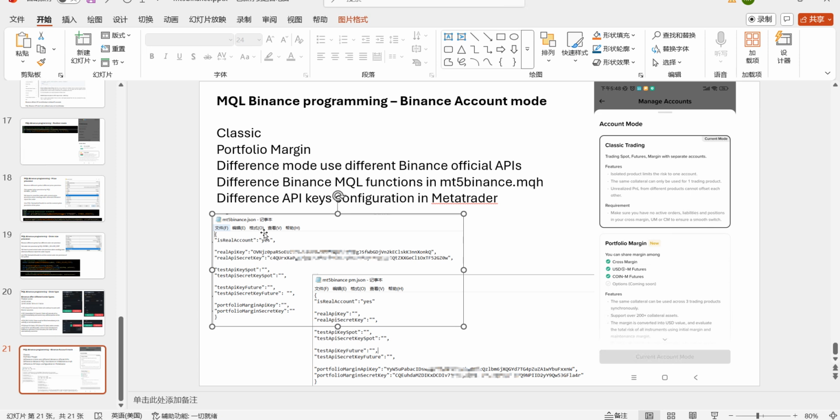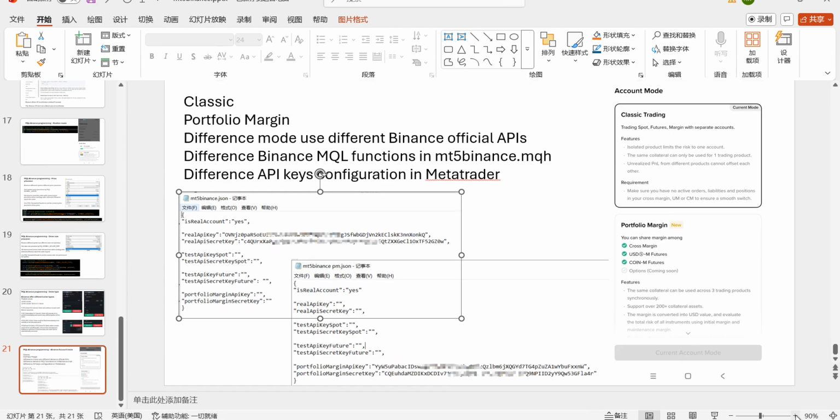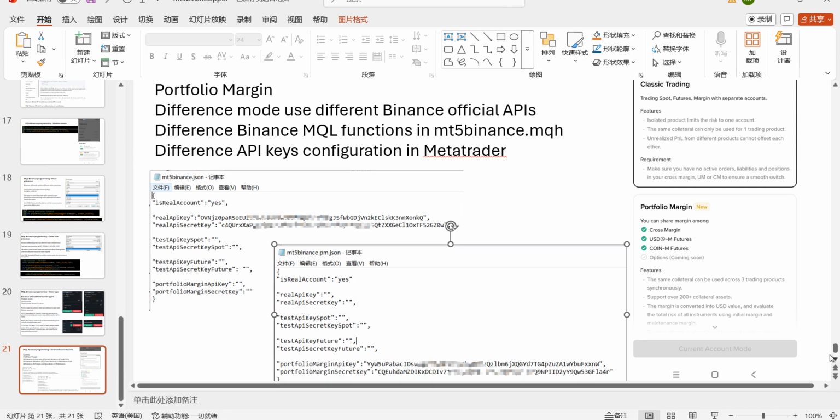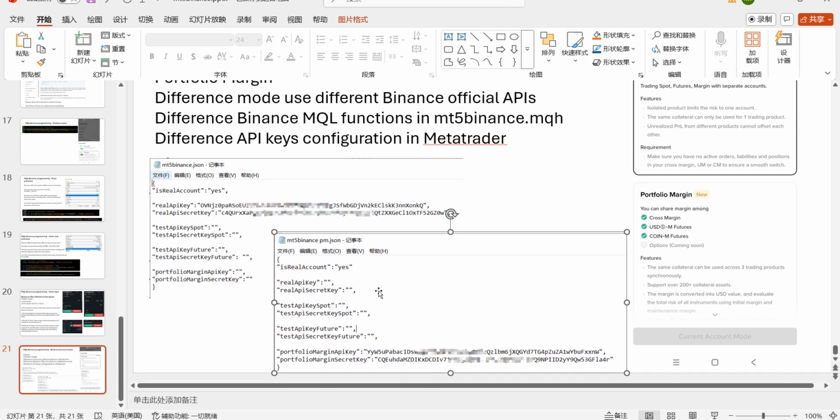This is the configuration for classic mode. You can see the API keys are configured to real API key and real API secret key. And for the portfolio margin, the API keys are configured to portfolio margin API key and portfolio margin secret key.